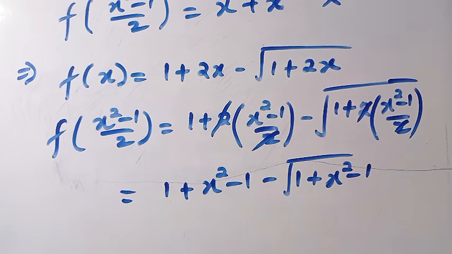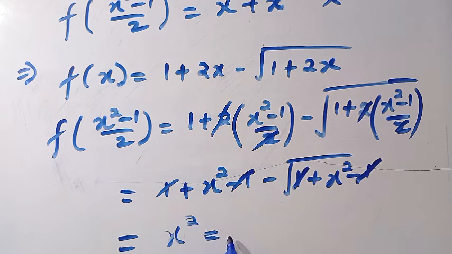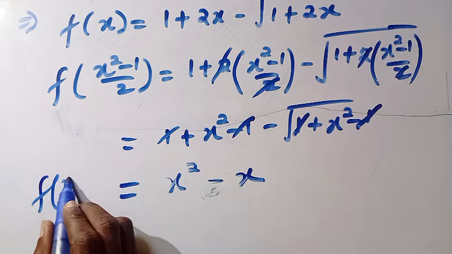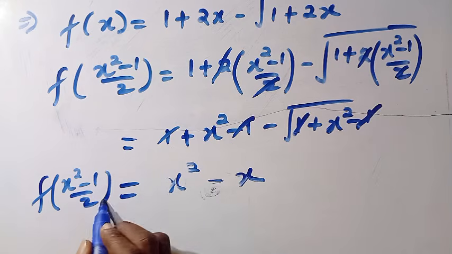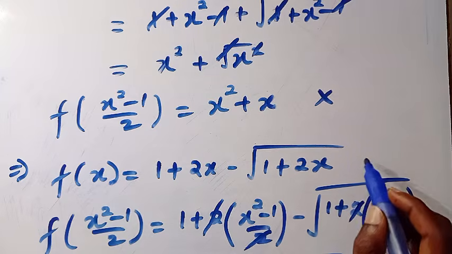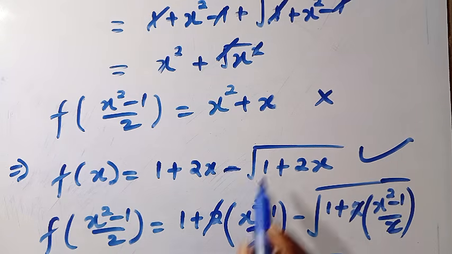We have x squared minus 1. So 1 cancels 1, and the one in the bracket cancels as well. So we have x squared minus square root of x squared, that is x. So which shows that f of (x squared minus 1)/2 for the negative one is the only solution. So we hereby go for the second one with negative, not the first one.